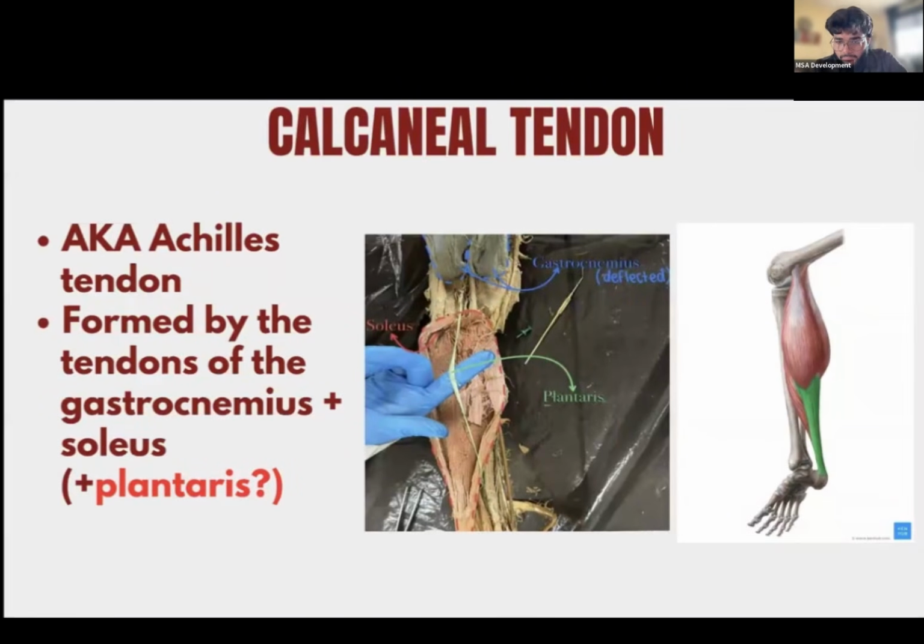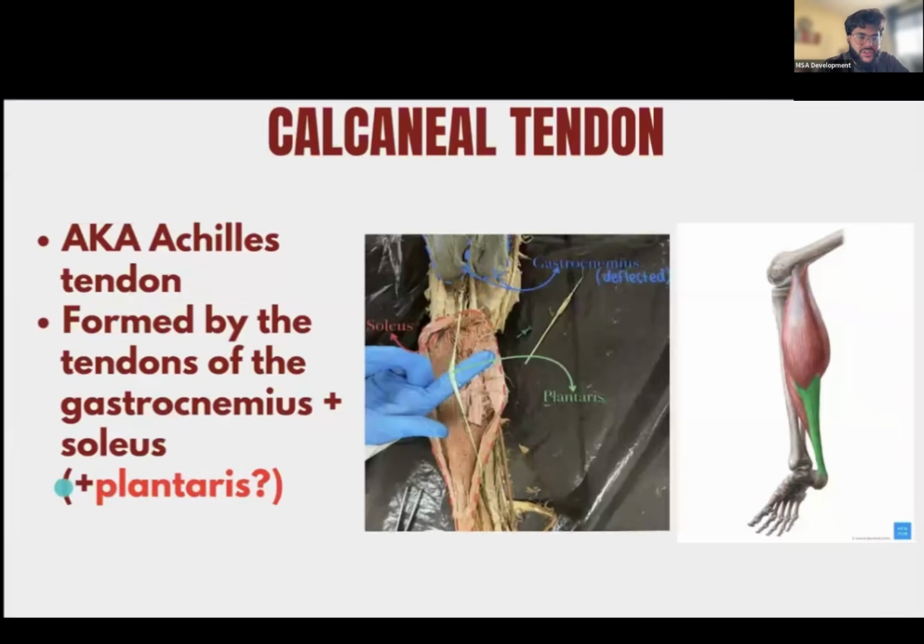It can rupture when there's a sudden plantar flexion, for example when you're jumping. To test this, you squeeze the calf, and if the foot does not plantar flex slightly, that means the calcaneal tendon has ruptured.